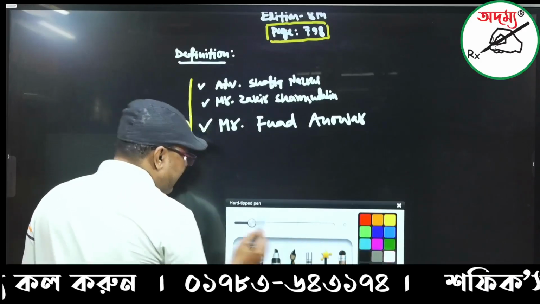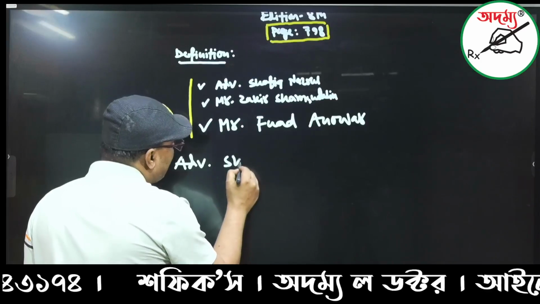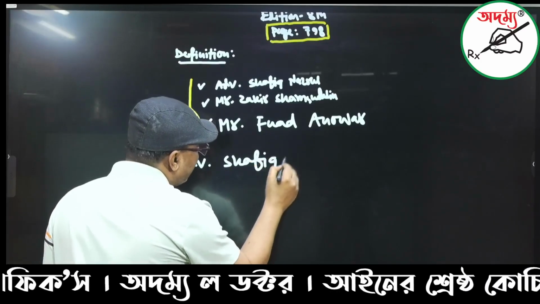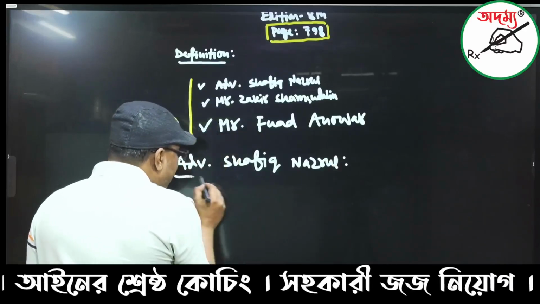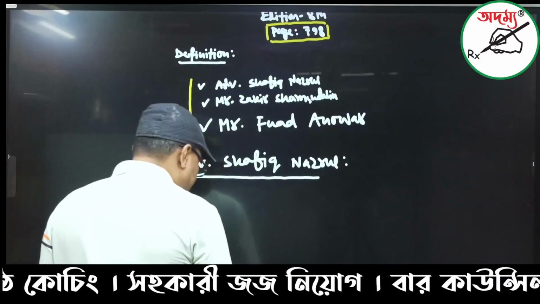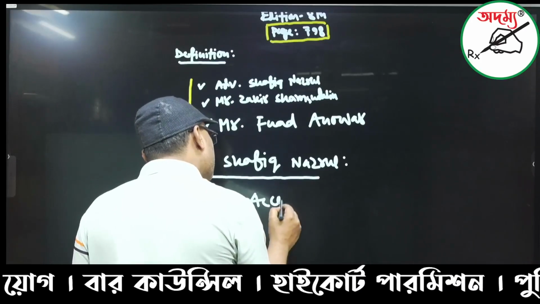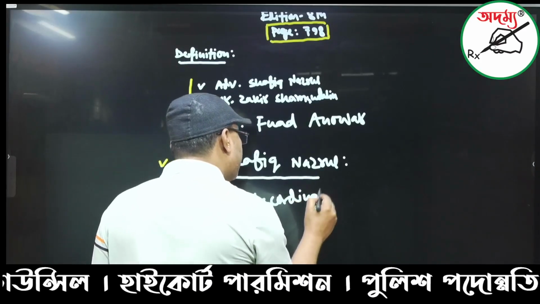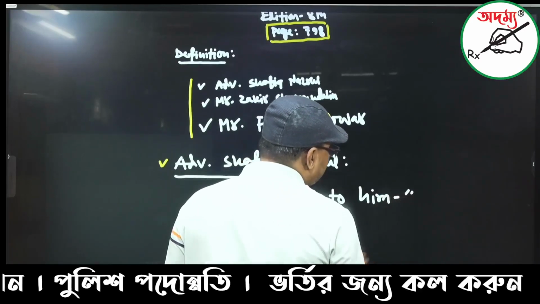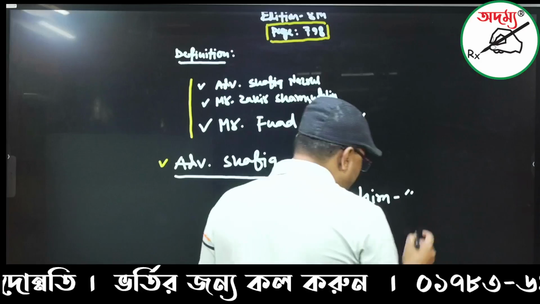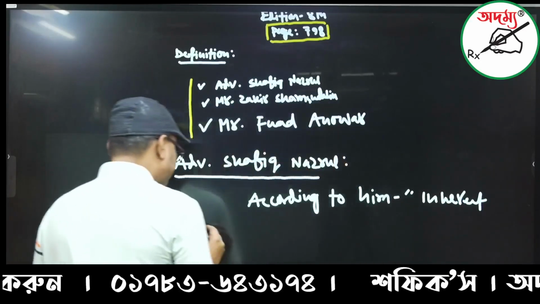Please, let's have a look here. Advocate Shafiq Nazrul prescribes in this regard. How can you actually identify this is the inherent power of the code? This is the underlying working system, and you have to write here in such a way that, according to Mr. Shafiq Nazrul, you have to write in inverted commas: inherent power.